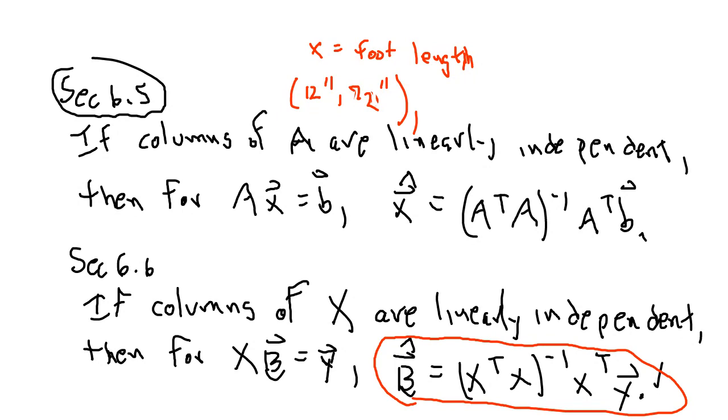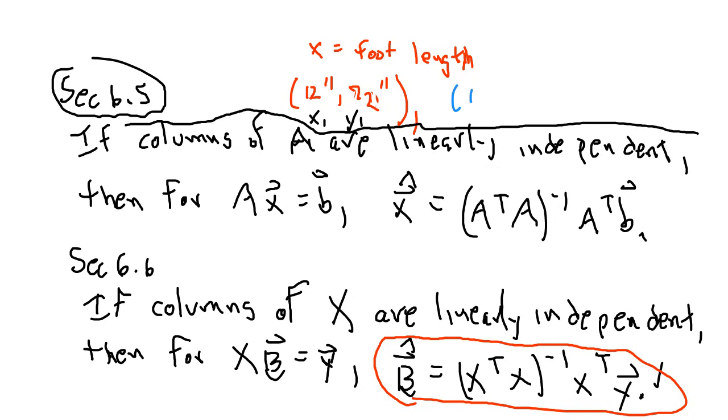And this is your X1 and your Y1. That's a data point. And then we sample a second person, and that person also has a foot length of 12 inches, and he's 72 inches tall.